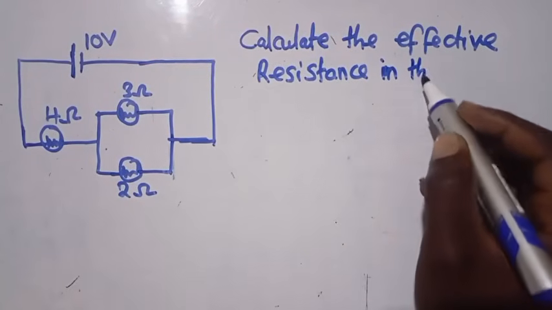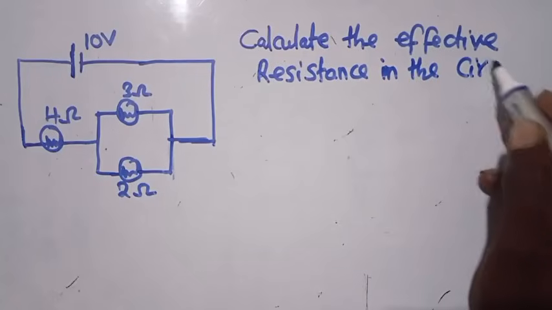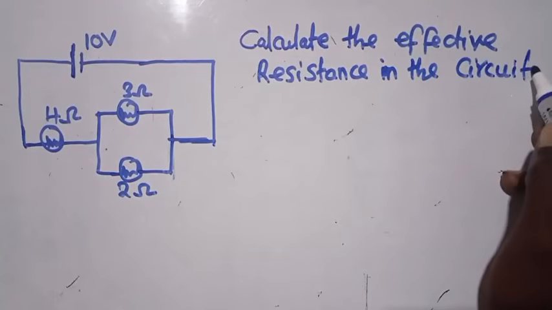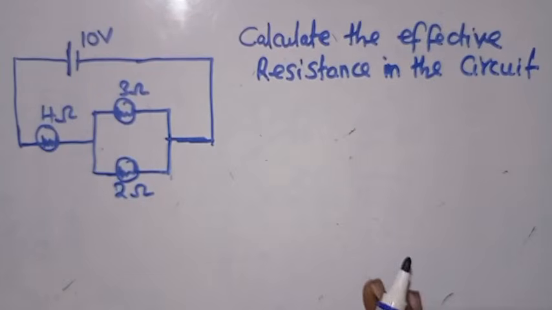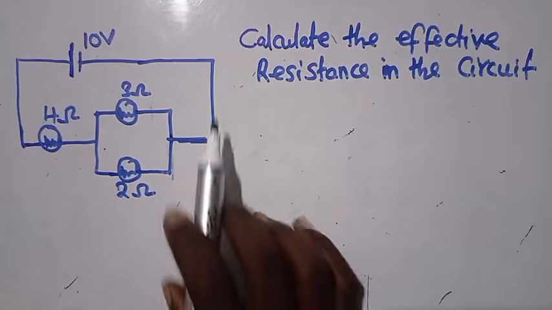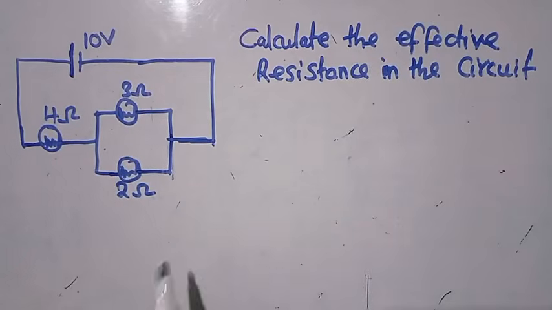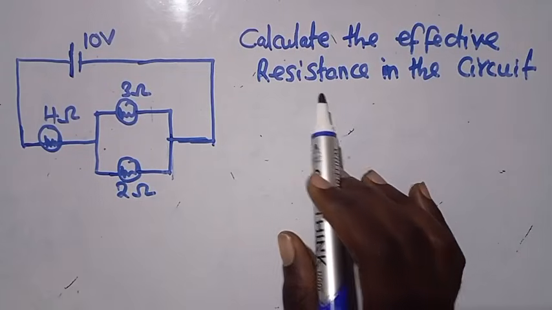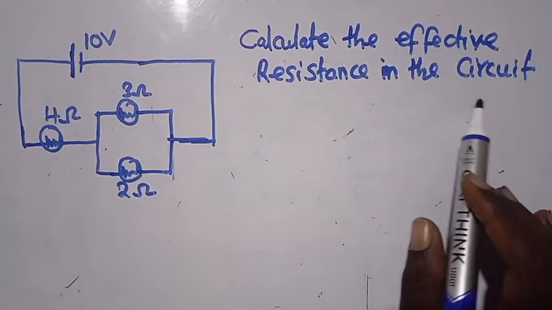Now, when you are told to calculate the effective resistance, it is the same as being told to calculate the total resistance in this particular circuit. It is one and the same thing. This is what you need to understand. So they are telling us to calculate the effective resistance in the circuit.